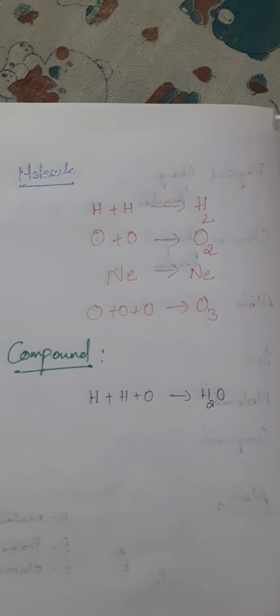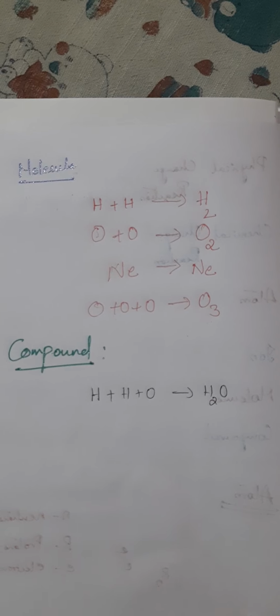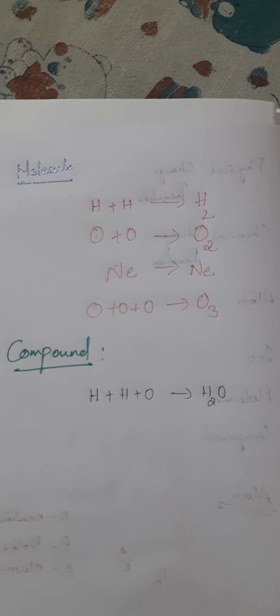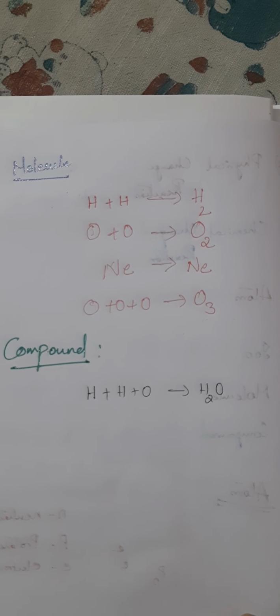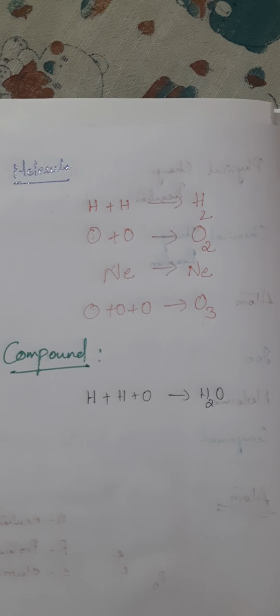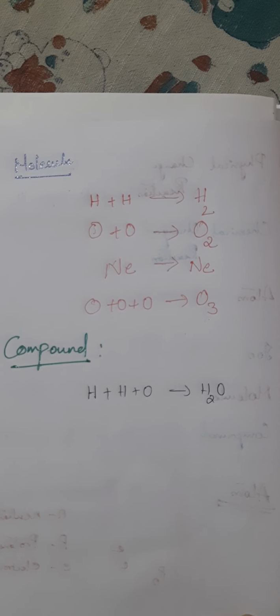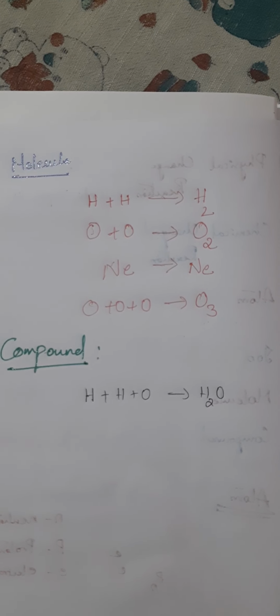Molecules, atoms can be stable or unstable. Molecules are the smallest stable particles of a substance. A molecule can be made up of one atom or multiple atoms. One atom, it is monoatomic. Two atoms, it is diatomic. Three, triatomic, and then polyatomic molecules. Molecules are very stable.